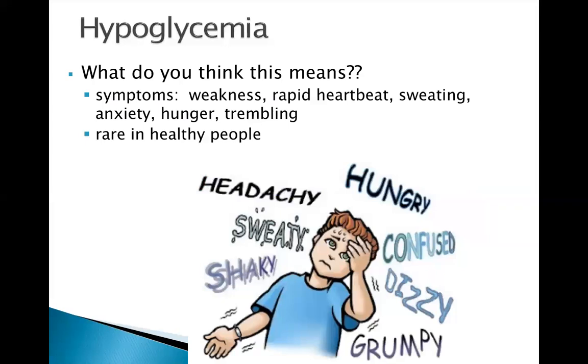Some of the medications that diabetics take to treat diabetes have this as a potential side effect. Also, if a diabetic was not eating any carb-containing foods, this could happen. Or if a diabetic had exercised extensively, exercise can naturally reduce blood sugar. So say they were exercising and not eating, this could also happen.